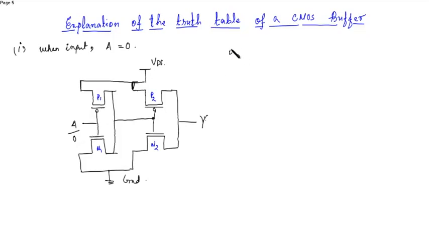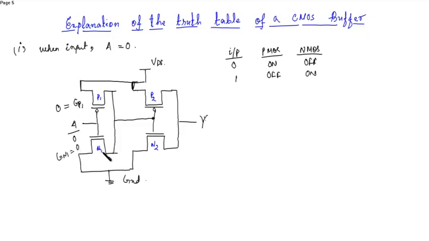As we know, if the input is 0, then the PMOS will turn on and the NMOS will turn off. If it's 1, PMOS will turn off and the NMOS will turn on. So when A is 0, at the gate of P1 (GP1) we get 0, and at GN1 we get 0.